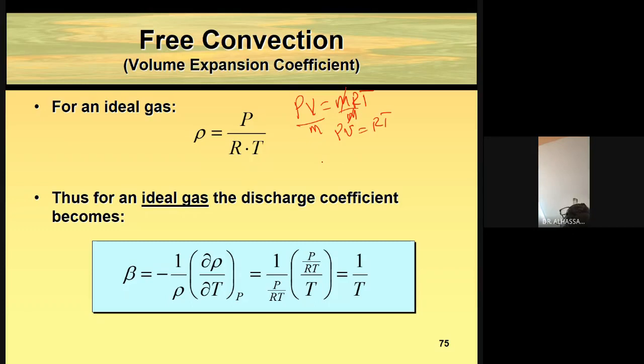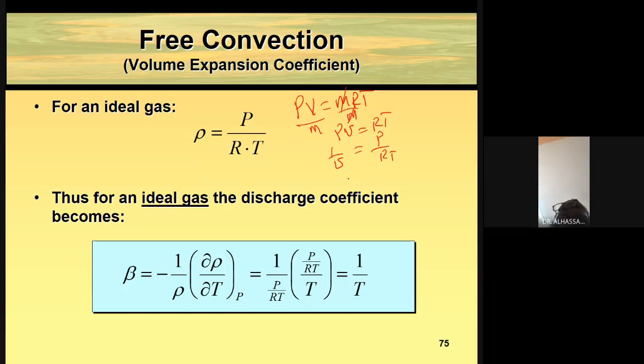You understand? So it means that 1 over specific volume equals P divided by RT.